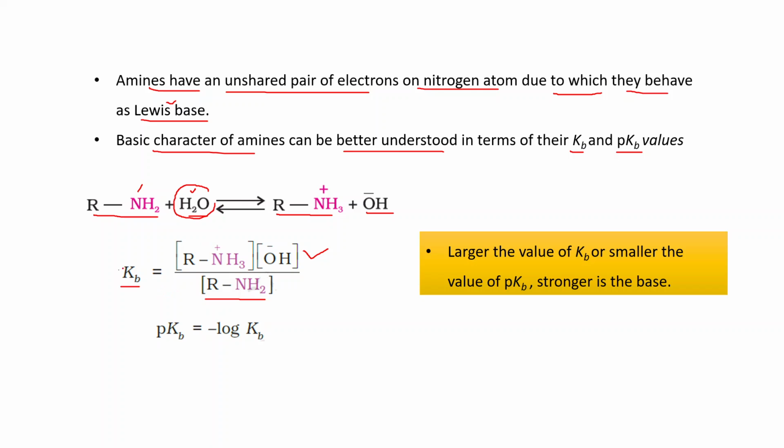Now this is Kb. If we take the negative log of this Kb, we will get the pKb. The higher the value of Kb, the stronger the base. If Kb is higher, then pKb will be lower. That's why we can say the larger the value of Kb or the smaller the value of pKb, the stronger is the base.